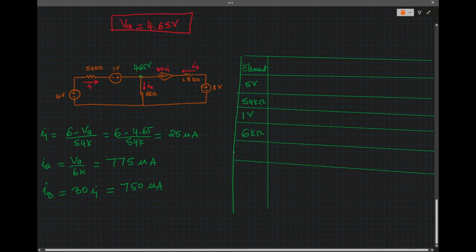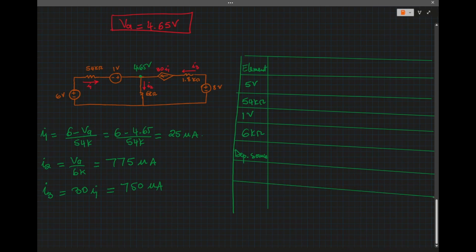We have the dependent source. Okay, and then next we have the 1.8 kilo ohm, and then the very last one, we have the 8 volt source.